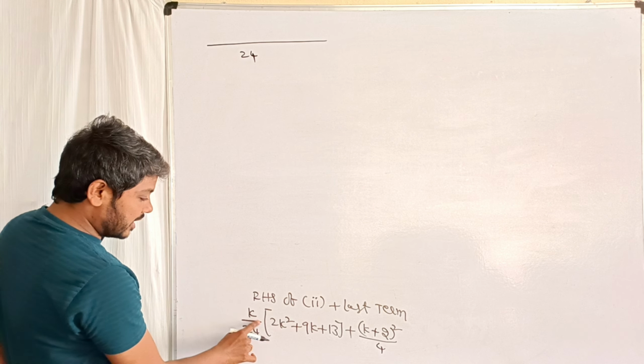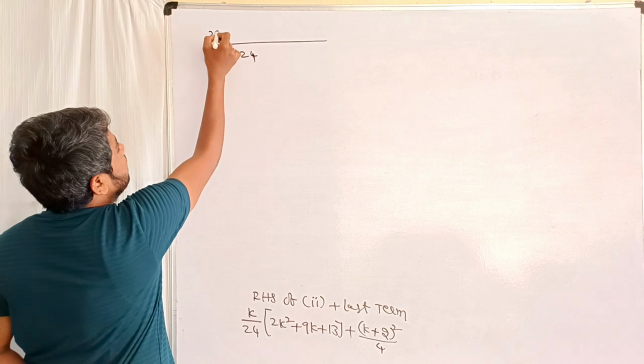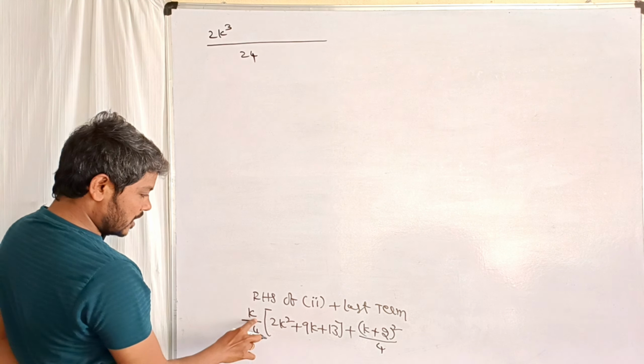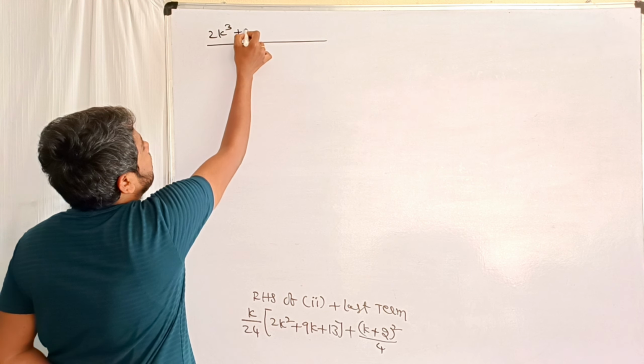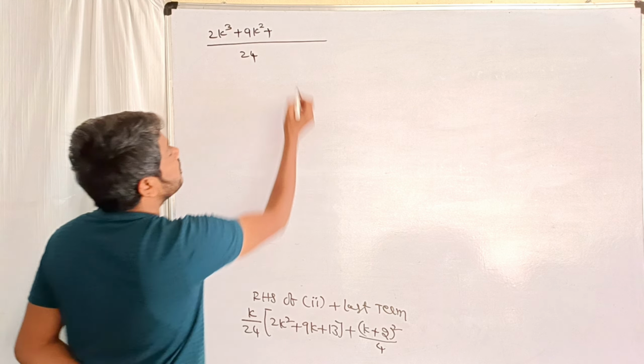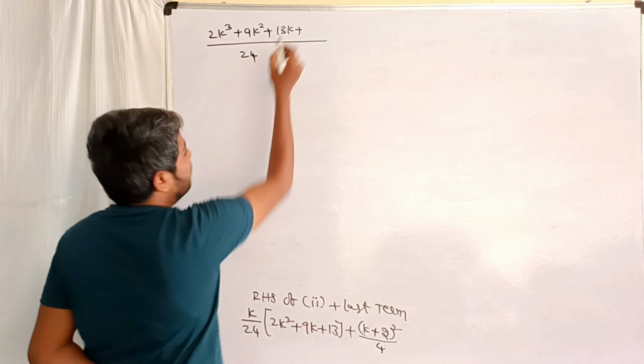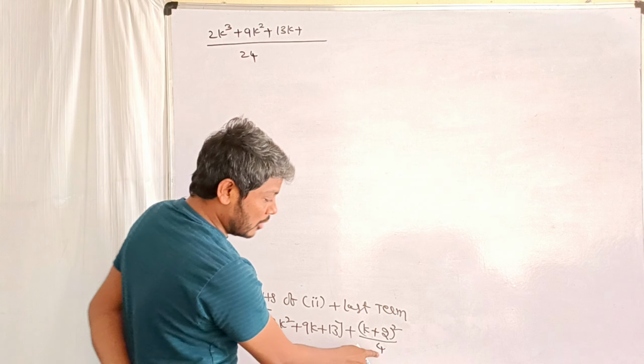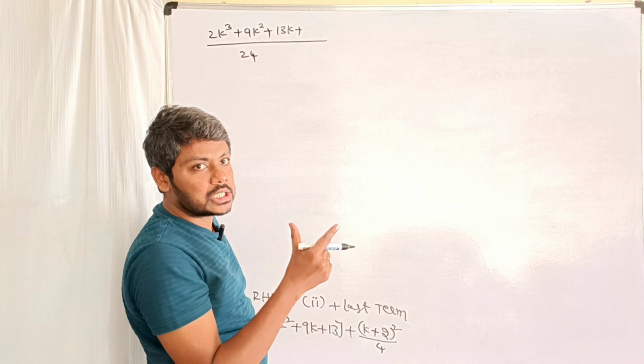And the numerator value: k into 2k square, that is 2k cube, k into 9k, that is 9k square, k into 13, 13k. But here LCM is 24, here we have 4, that is 4 6s are 24.